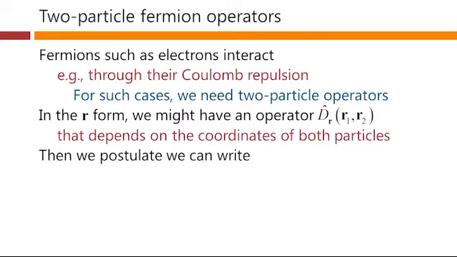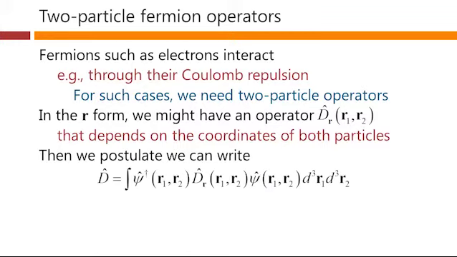Then we postulate that we could write the following, that we would replace our previous way of operating, which is our explicit operator here, with this new way, analogously to what we did for single particle fermion operators. And here we're going to look at what happens when we consider specifically two particle wave function operators.